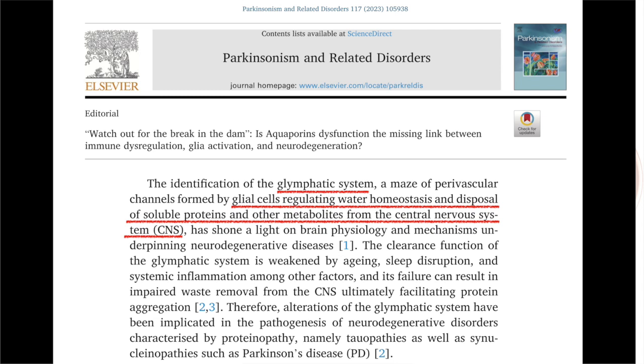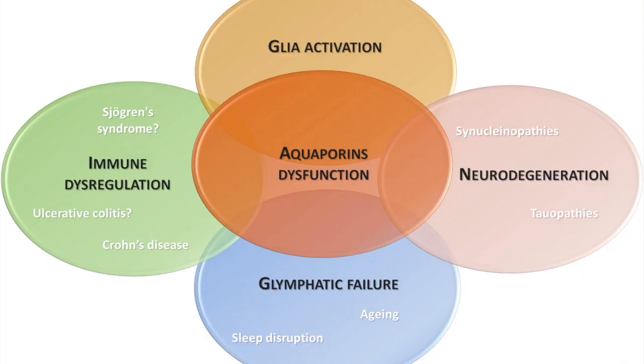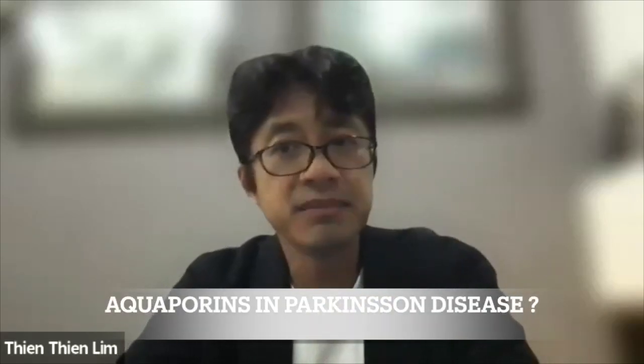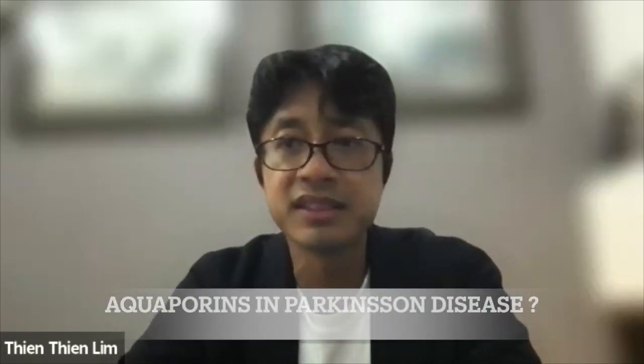And this is important because the lack of aquaporin 4 in animal models, as well as decreased expression of aquaporin 4 both in animal models and in humans, impairs the function of the glymphatic system and promotes alpha-synuclein aggregation and neurodegeneration. Aquaporins are part of the glymphatic system and have been associated with diseases such as neuromyelitis optica spectrum disorder and Sjogren's syndrome. Is there a link with Parkinson's disease?